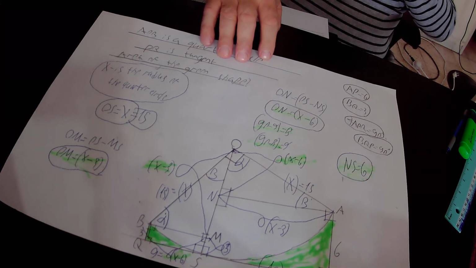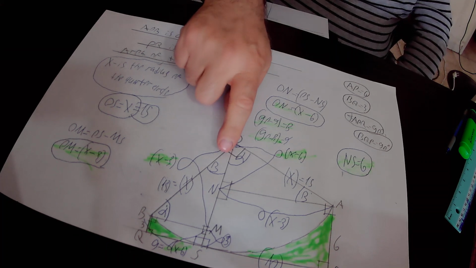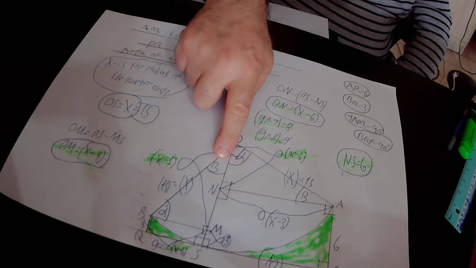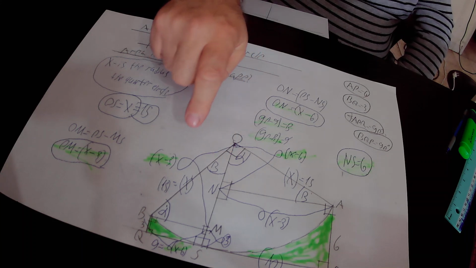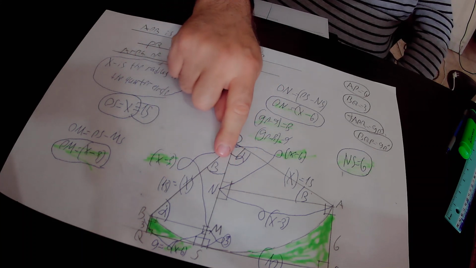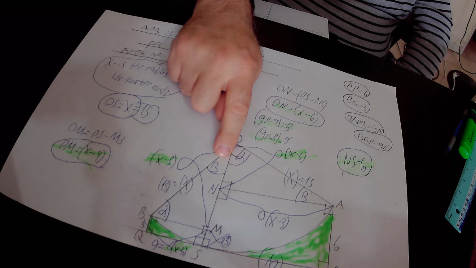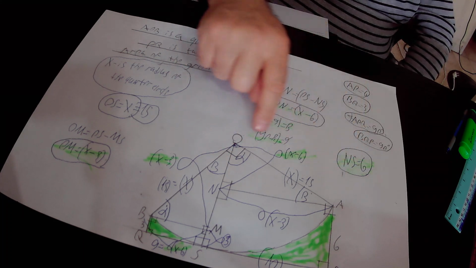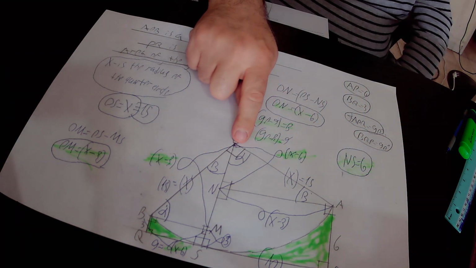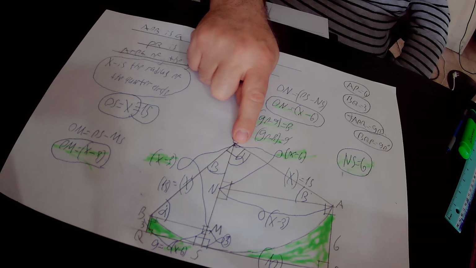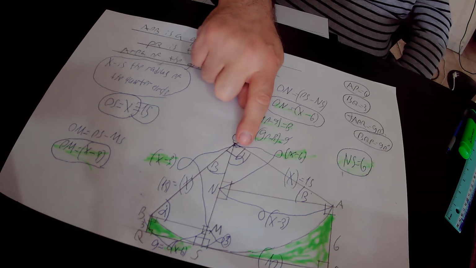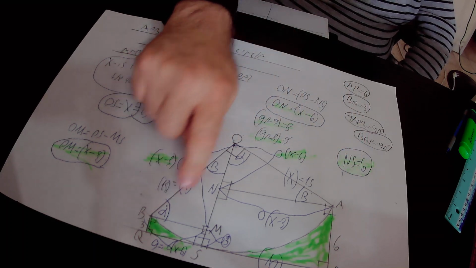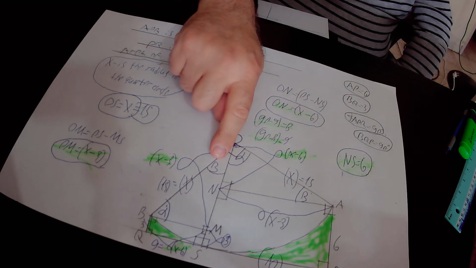Okay, what is the size of this missing angle, angle BOM? The size of this missing angle must equal angle AOB, that is the right angle according to what is given in the question, minus this angle, angle alpha. So 90 degrees minus alpha is the size of this missing angle.